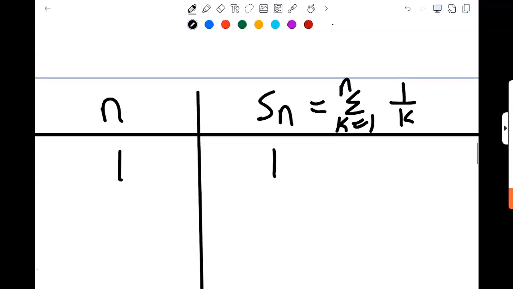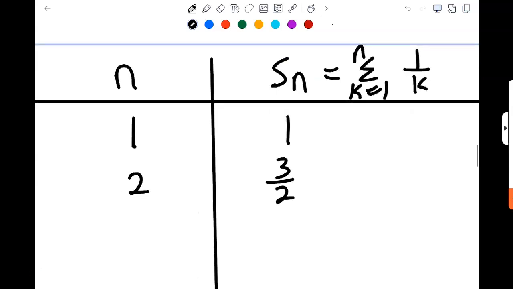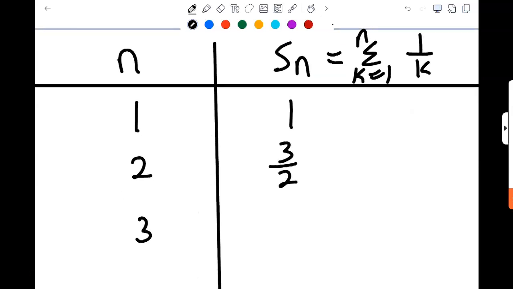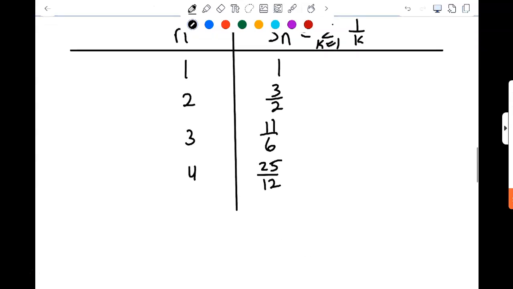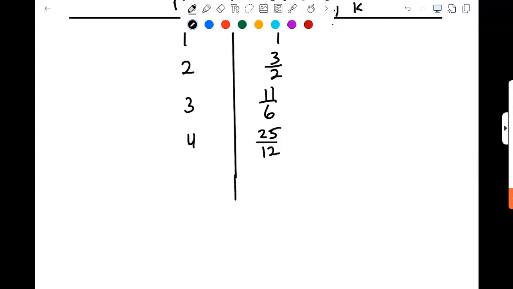N equals 2, be 1 plus 1/2 would be 3/2. N equals 3, it would be 3/2 plus 1/3, which would be 11/6. N equals 4, it would be that plus 1/4, will be 25/12. Okay, and then we're going to start getting bigger.